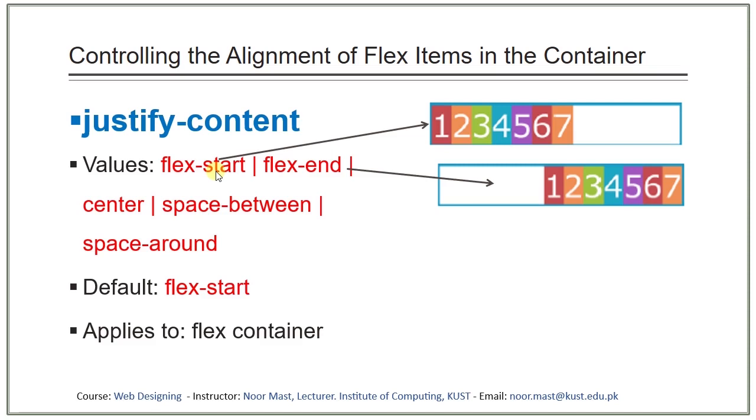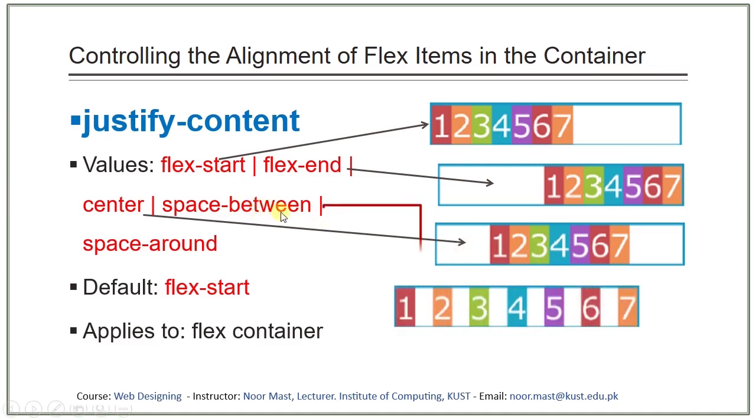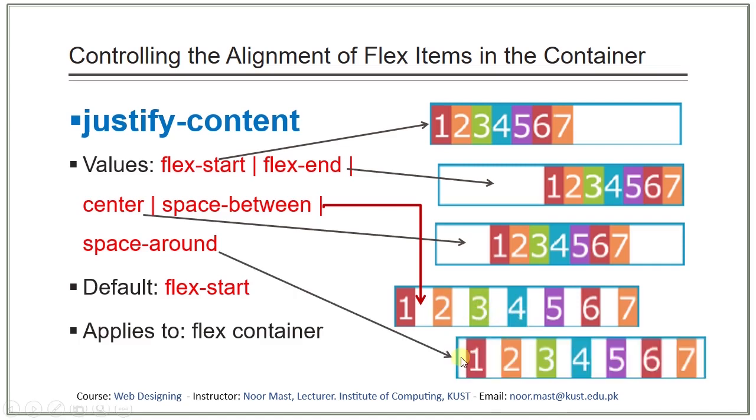While if the justify-content value is center, the items are positioned at the center of the container. If the value is space-between, items are positioned with space between the items. When the value is space-around, items are positioned with space before, between, and after the items.